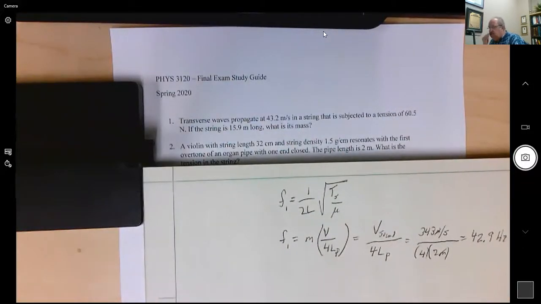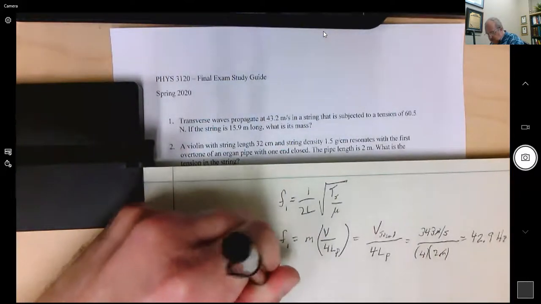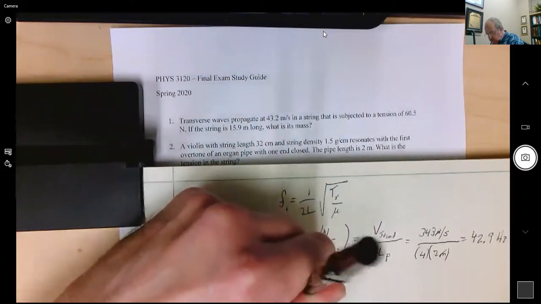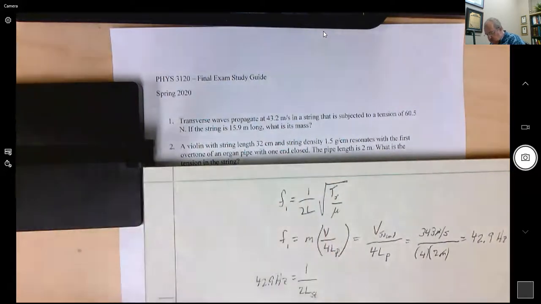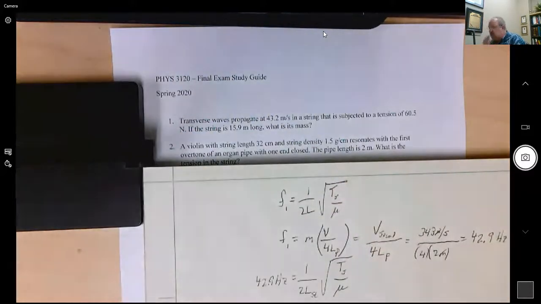Now I can use this to back solve the tension of the string, because I know that 42.9 hertz is equal to 1 over 2 times the length of the string, times the square root of the tension of the string divided by the linear density.